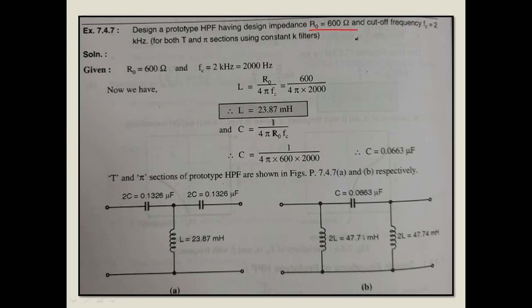Therefore R0 is nothing but Rk, and Rk is equal to root of Z1 Z2, where Z1 is the series arm impedance and Z2 is the shunt arm impedance respectively, and the cutoff frequency Fc is equal to 2 kilohertz. So here it is expected to design both T and pi sections using the constant K type of filter.